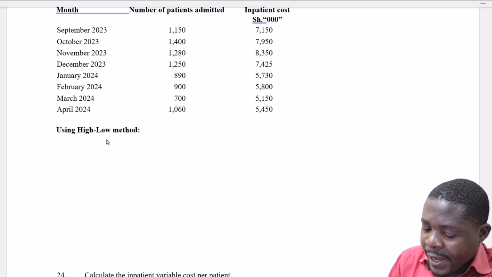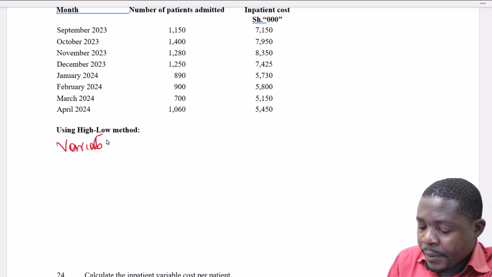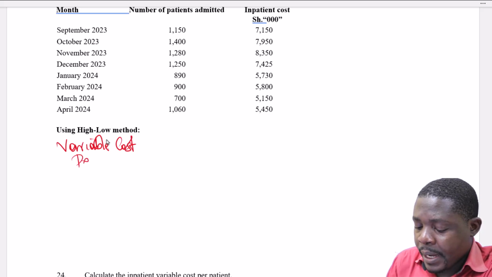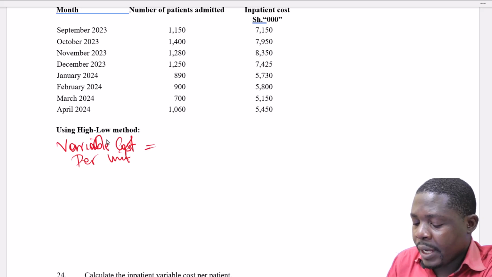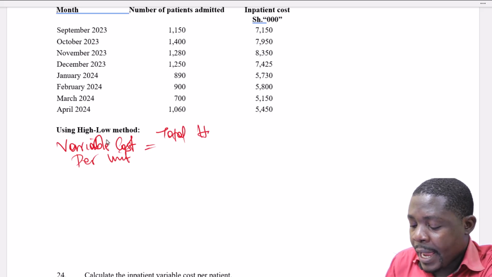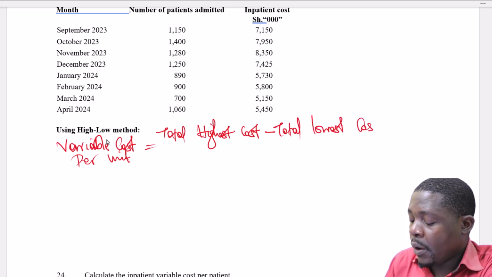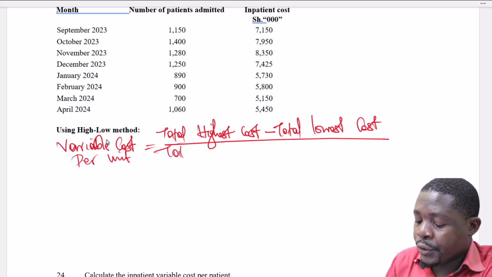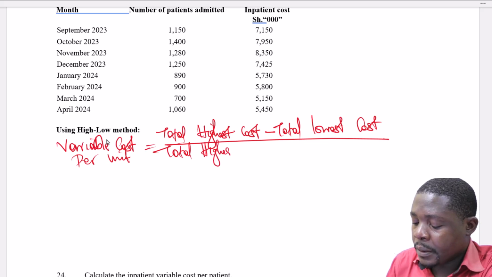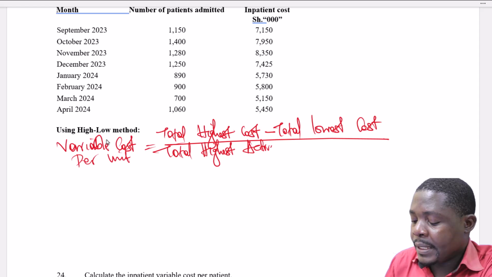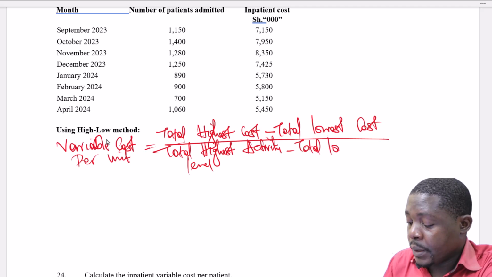Therefore, variable cost per unit is equal to the total highest cost minus the total lowest cost, over the total highest activity level minus the total lowest activity level.